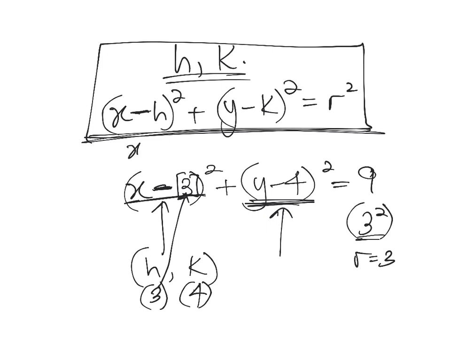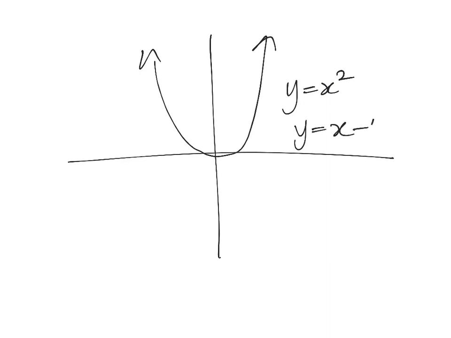Now, if this was (x plus 3) squared, and I ask you what is h, h is actually negative 3, because when it was plugged in, it changed the sign to a positive, meaning that it was negative 3 to start with. So that's important. You probably see this in graph transformations, where if you have y is equal to x squared, this is just a sketch, and I ask you what is y is equal to (x minus 4) squared, you might remember that we moved that graph to the right 4 times.